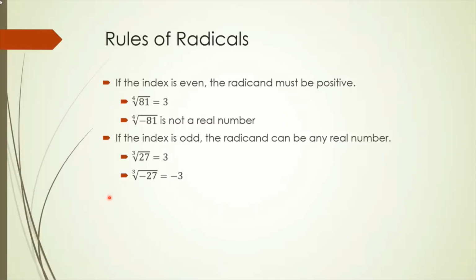And it's just like exponents. When the exponent was even, you always got a positive result. When the exponent is odd, it retains its sign. Now, if the index is the same as the power it's raised to, those would cancel out, but with even, the result is always positive, so you use the absolute value bars.